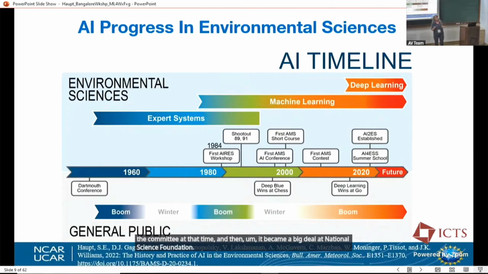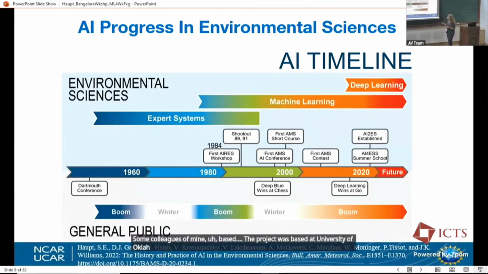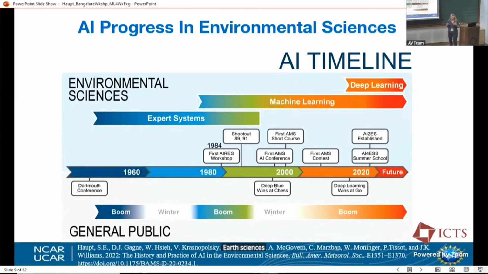Some colleagues of mine, the project was based at the University of Oklahoma, formed this AI for Earth Sciences project, a big $20 million project with lots of partners across sectors. NOAA was involved, NCAR was involved, companies like NVIDIA, IBM, et cetera, and they had a summer school in 2020.